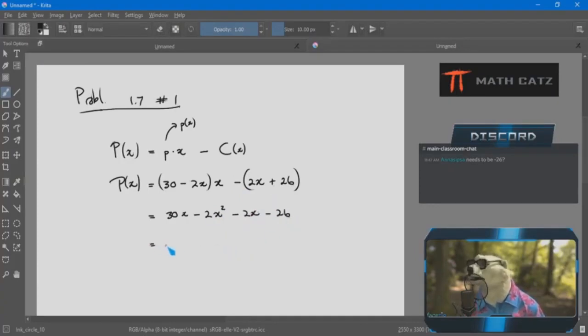I'm going to put them in decreasing powers of x: negative 2x squared, and then I have a plus 28x and a minus 26. And that, I'll label it again, is my profit function.